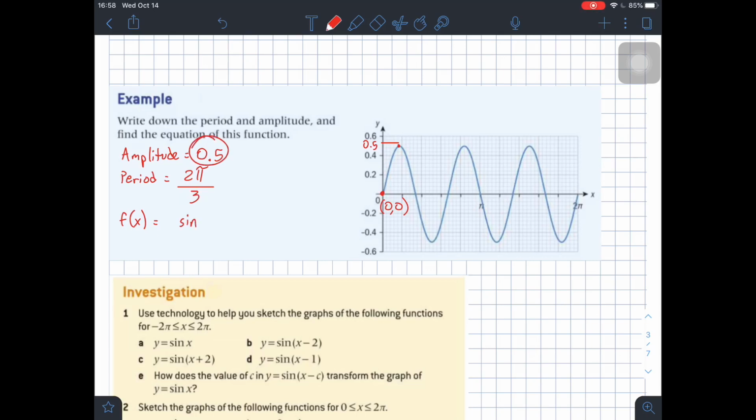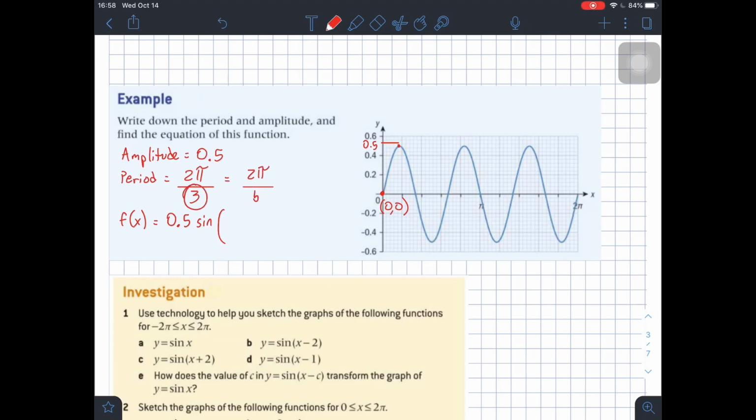And we need to write the amplitude in front. So this is, I'm going to write more space here, 0.5 times sine of, we only have the value of the period here, but we need to find the value of b. Remember that the period is always equal to 2 pi over b, right? Over b.